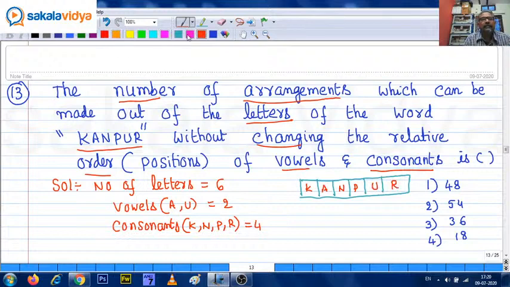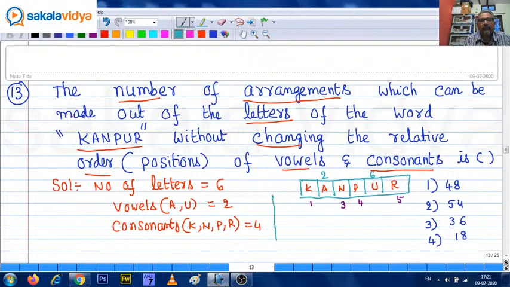This is the first place, second place, third place, fourth place, fifth place, sixth place. That means vowels are in the second and fifth places. The consonants are to be arranged in the first, third, fourth and sixth places.